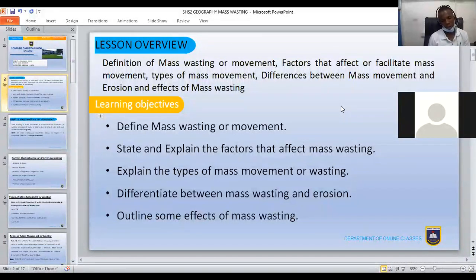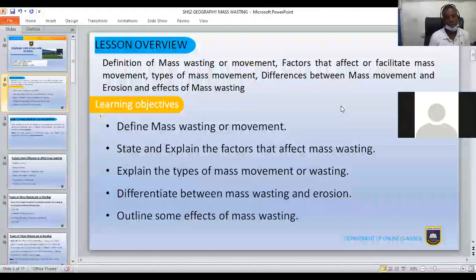All right. What are our learning objectives? What are we hoping to achieve at the end of this lesson? First of all, you should be able to define mass wasting or mass movement. Then you should also be able to state and explain some of the factors that affect mass wasting or mass movement.